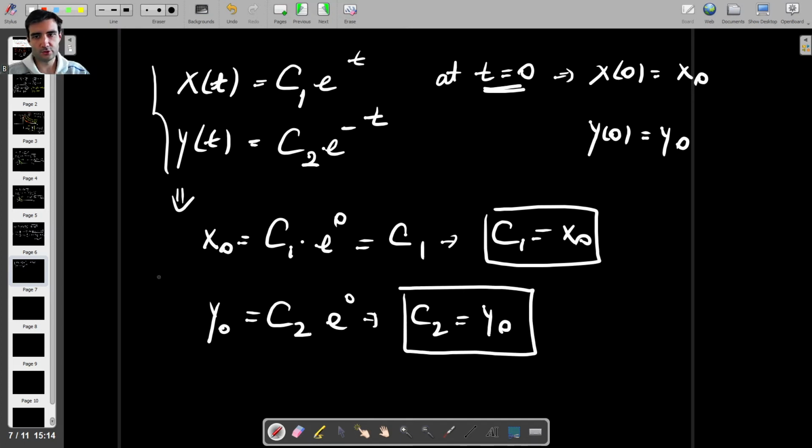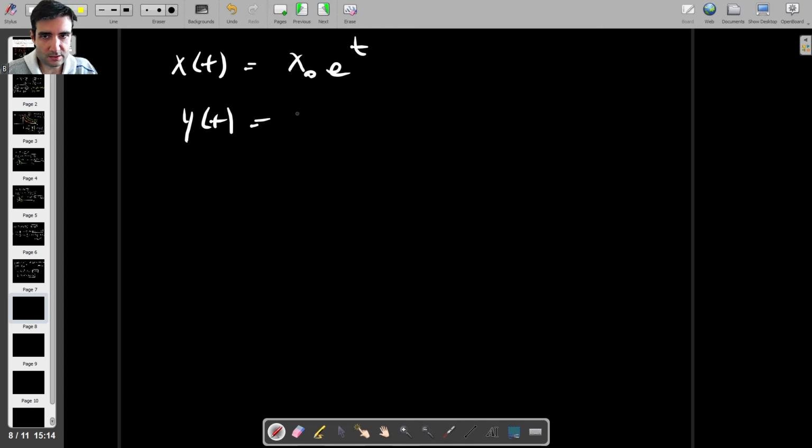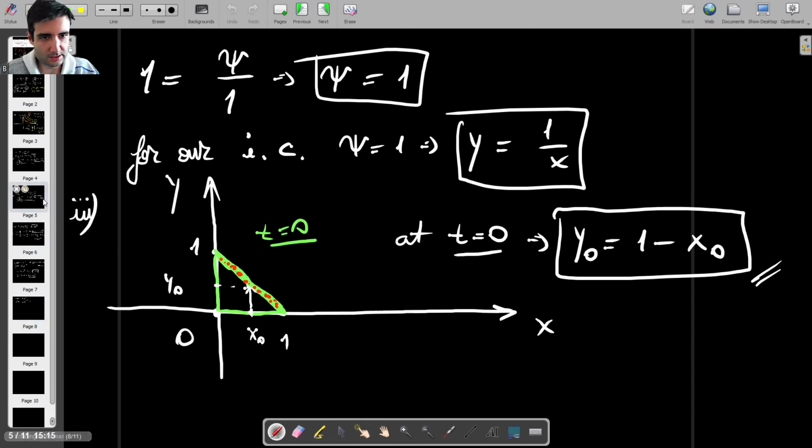So let's rewrite those equations yet again. We have x of t is x0 e to the t, and y of t is y0 e to the minus t. Now, we also know what y0 is. We wrote it here: y0 is 1 minus x0.